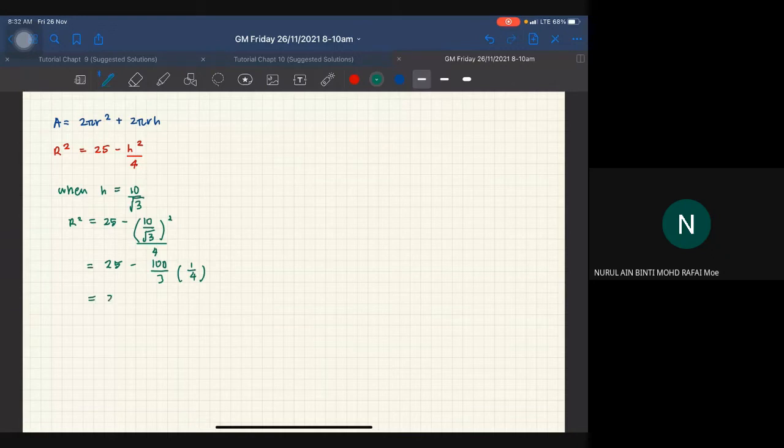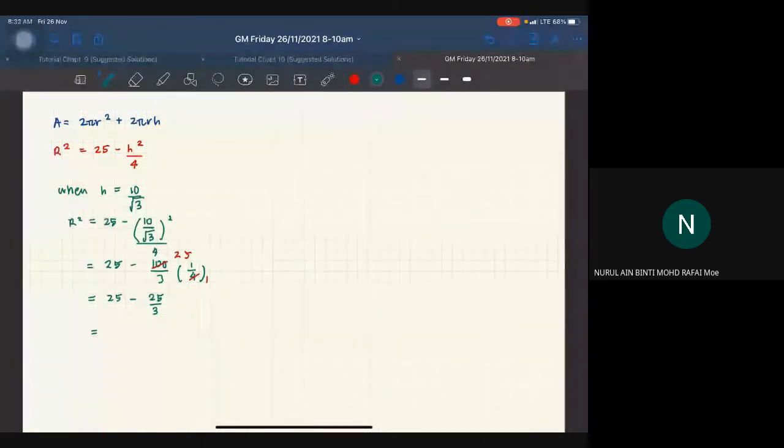Sebenarnya pakai calculator pun boleh ni terus. So awak akan dapat 25 over 3. Okay, so 25 times 3 is 75. 75 minus 50. So 50 over 3 kat sini, which is equal to R square. Okay, so R sama dengan 50 over 3. Betul ke saya buat kat sini?